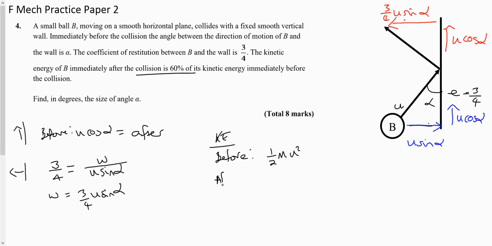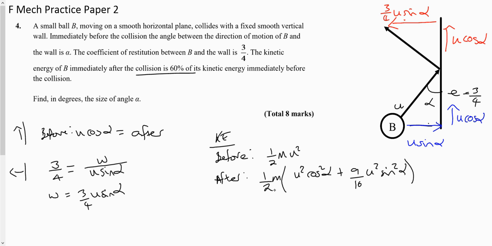Right, after. Okay, so our kinetic energy after, now our components. The parallel component stayed the same, but the perpendicular component of velocity has changed. So after, we're going to have a half m, and now I'm going to have u squared cos squared alpha plus 9/16 u squared sine squared alpha, using a half m v squared again. Right, what do we know?